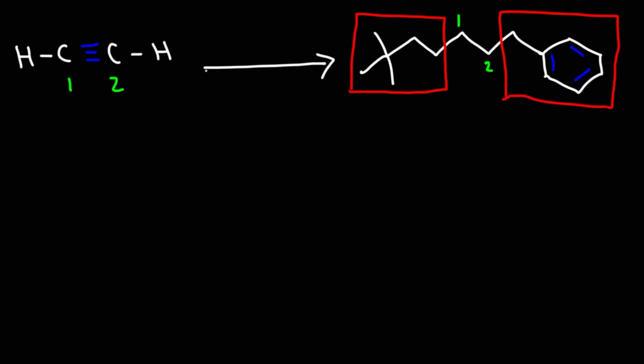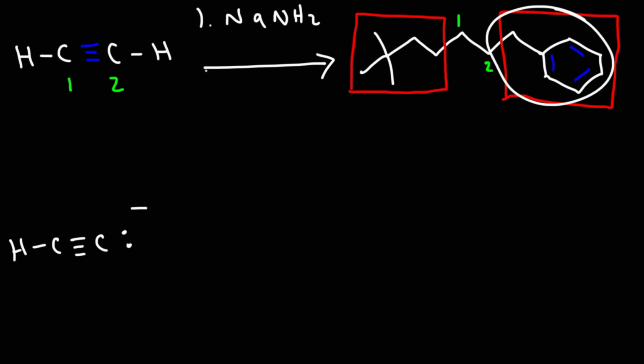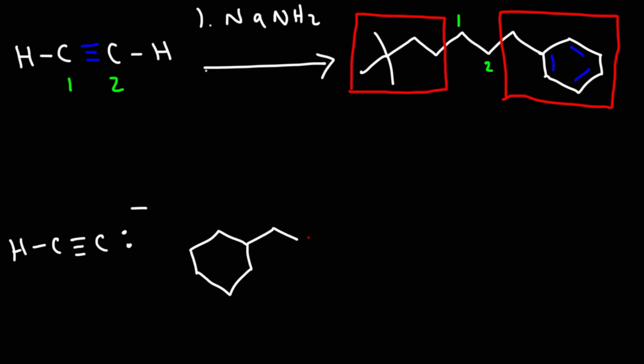Let's begin by adding the right side first. So we need to use sodium amide. That's the first thing. It's going to remove a hydrogen, and this is going to give us the acetylide ion. Now we're going to take this and add a bromine to it. So we have a benzene ring, 1 carbon outside of that, and then a bromine.